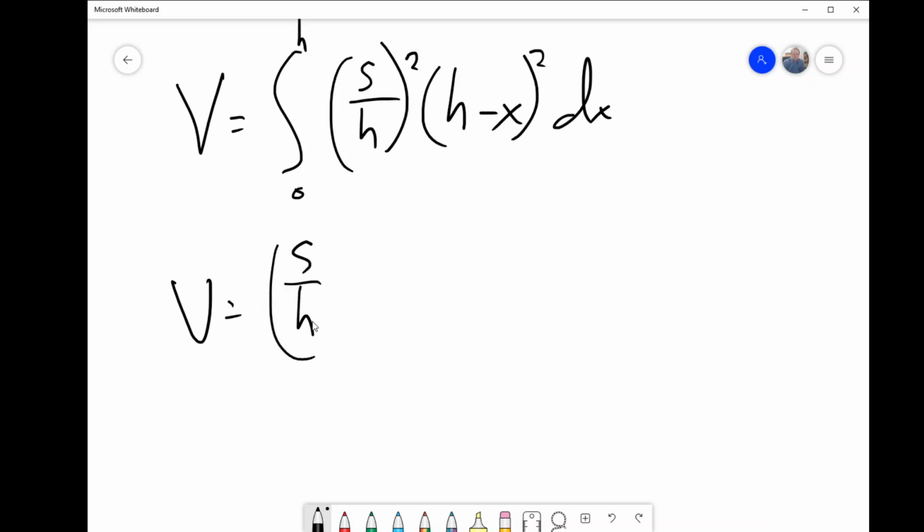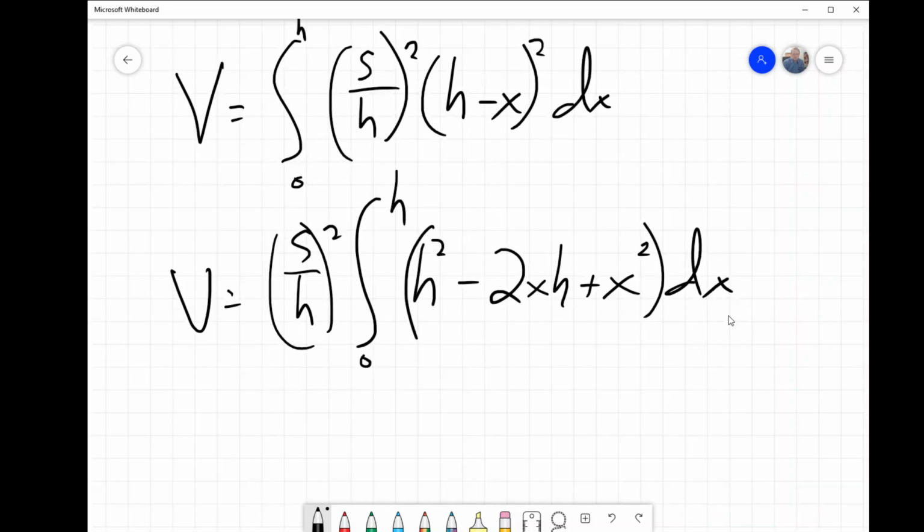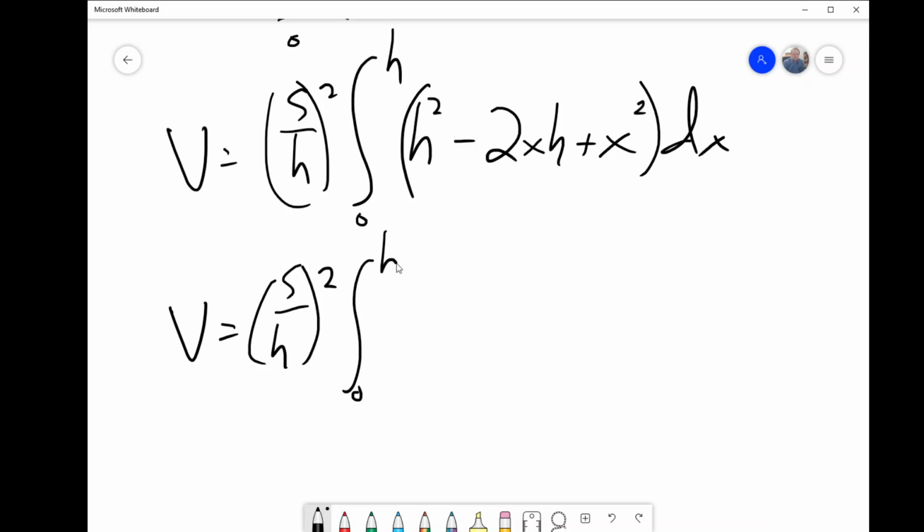Again, s over h is a constant. And the argument in brackets works out to h squared minus 2xh plus x squared. So we have s over h squared, integral from 0 to h, of, oh, sorry, now it's not the integral.